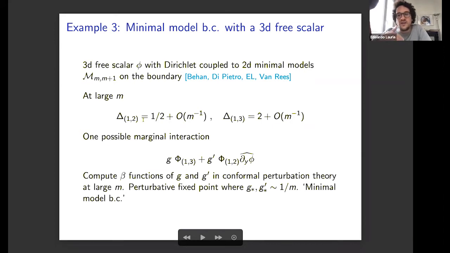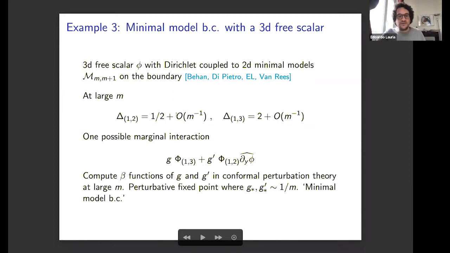If M was equal to 3, for example, that would be the spin operator in the Ising model, and this would be the energy operator in the Ising model. Of course, these operators exist for every M, and here I'm just looking at their scaling dimensions for large M. Because of this, there is a very natural marginal coupling that you can write down.